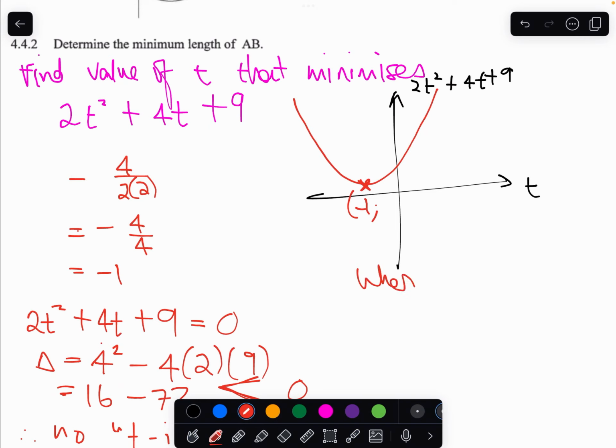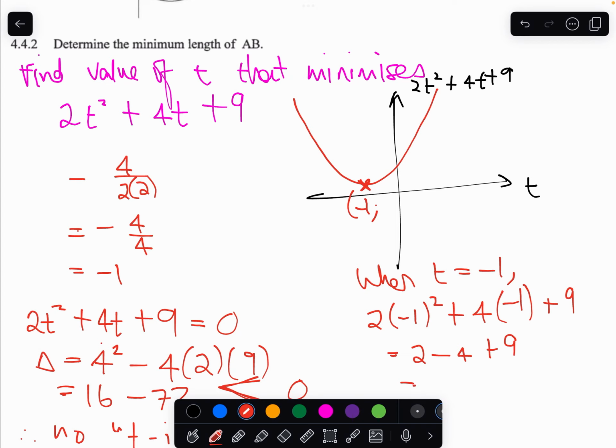We have 2 times minus 1 squared plus 4 times minus 1 plus 9, which is 2 times 1 minus 4 plus 9. So that is 11 minus 4, which is 7. And so what that tells us is the shortest possible distance between A and B occurs when t is equal to minus 1, and that distance is 7.